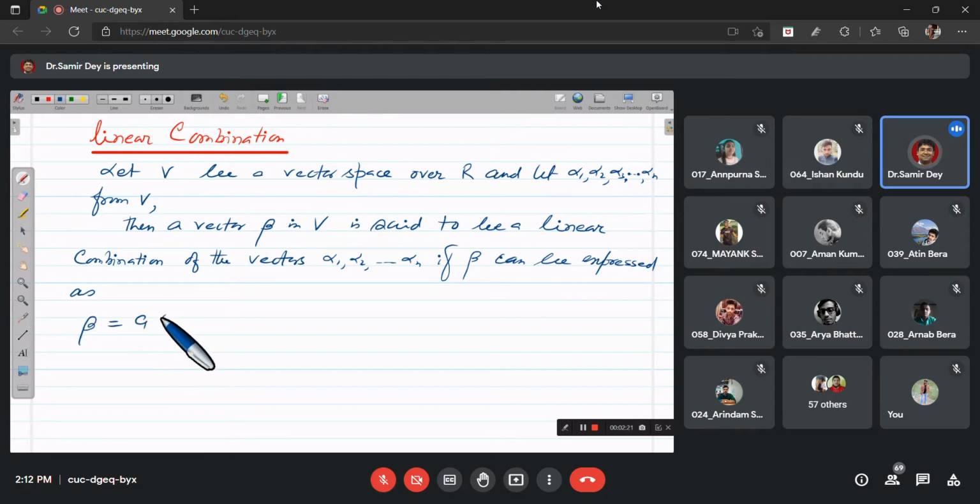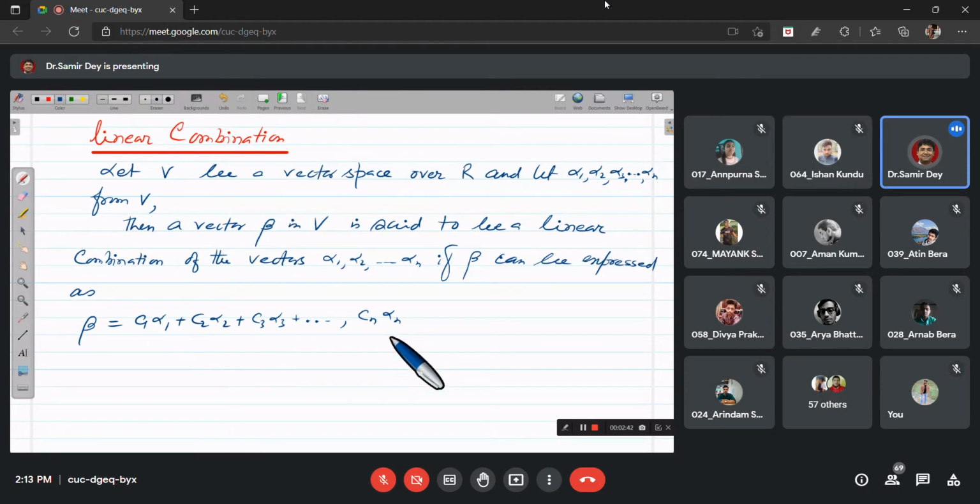beta is equal to C1 alpha 1 plus C2 alpha 2 plus C3 alpha 3 plus dot dot Cn alpha n. It means any vector can be expressed like this.